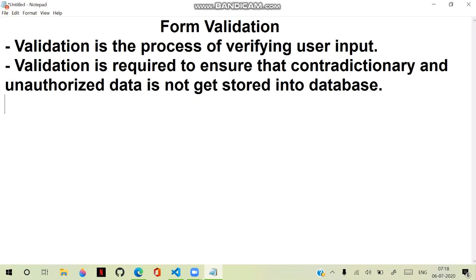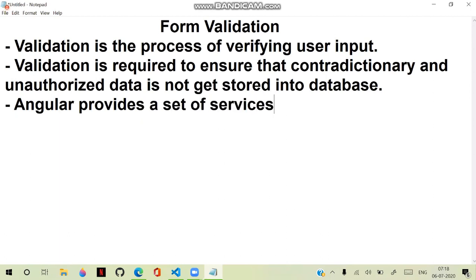And generally JavaScript, jQuery, like client-side libraries and languages handle validation by using functions and logic. But one of the advantages in Angular is that Angular provides a set of services to handle validation client side.